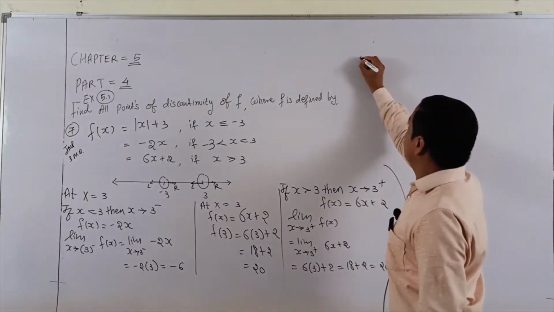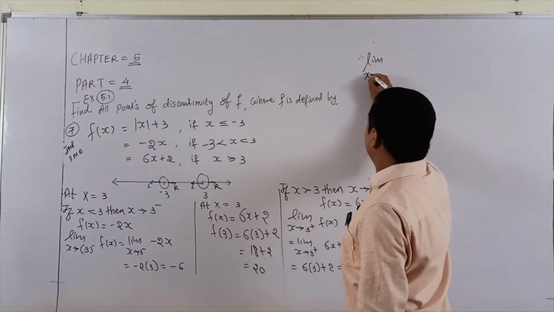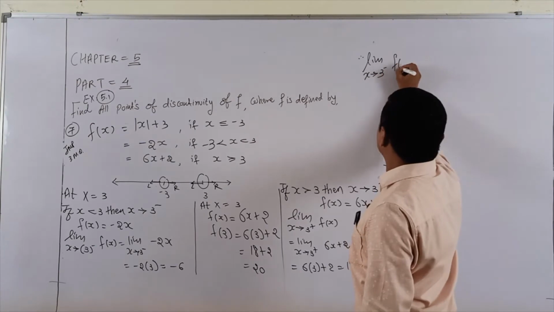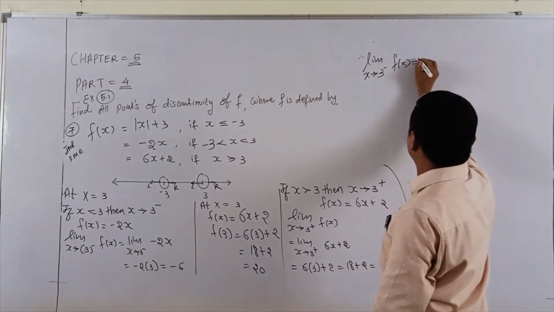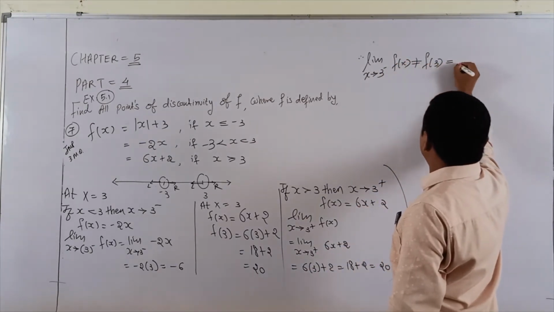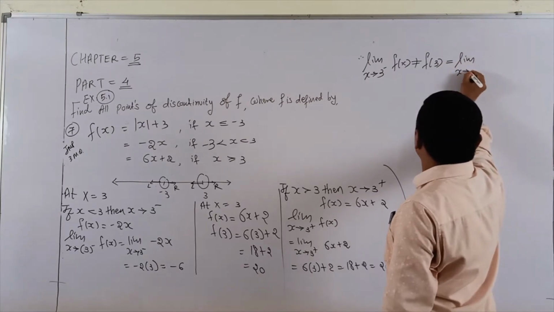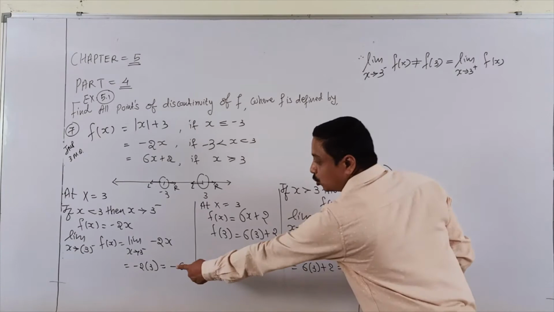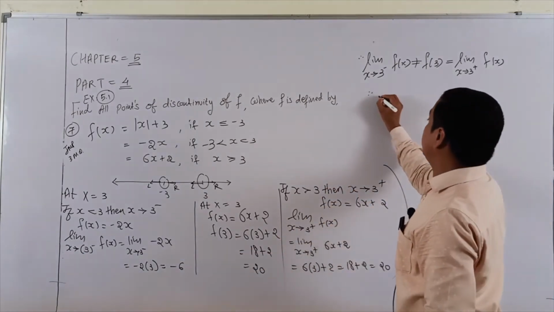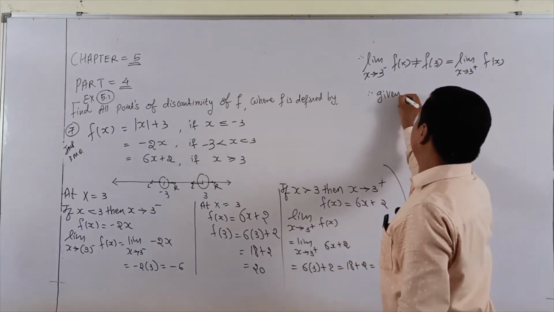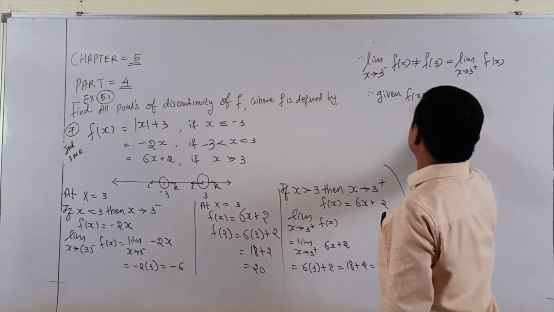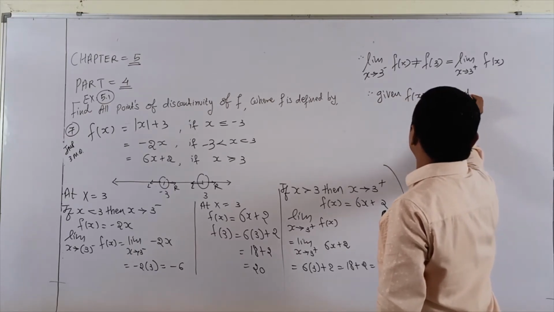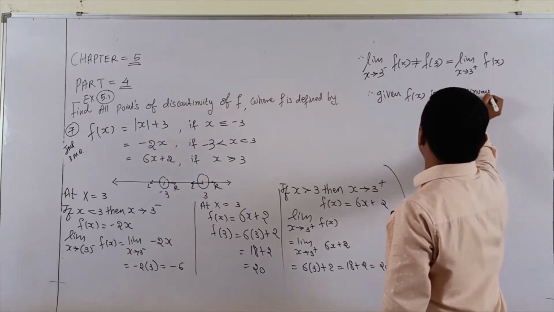And check out, are all the same? No. So finally the limit as x tends to 3 negative of the function is not equal to f(3), but the 3 plus limit and f(3) are equal, but the total are not the same. That's why I take the given function as discontinuous.